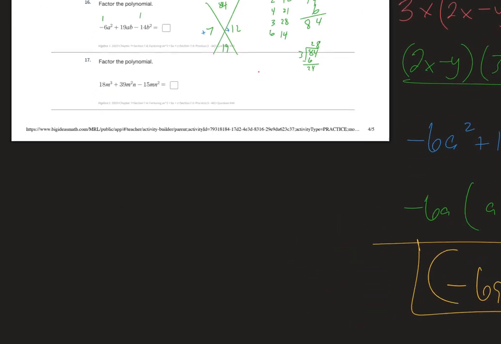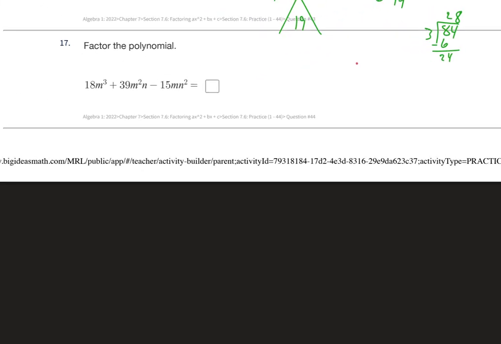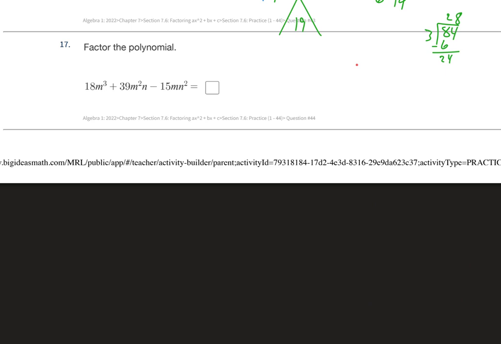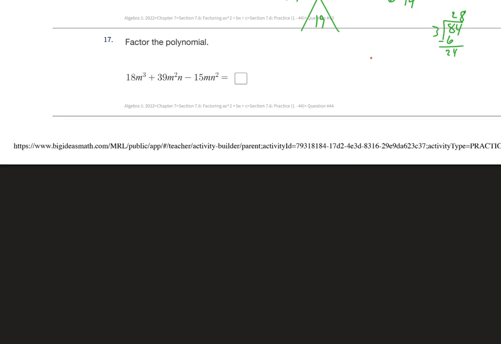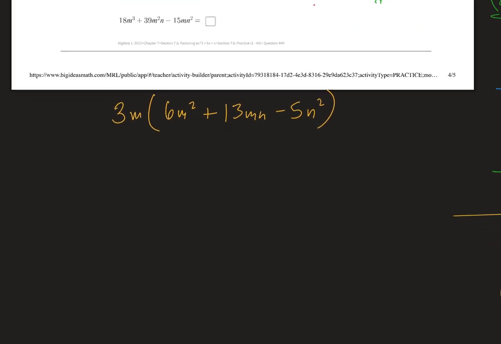And last one, 17. They all have a 3 and an m in common, so we can factor out all that stuff. 3m. We're going to get 6m squared plus 13mn minus 5n squared. Okay.